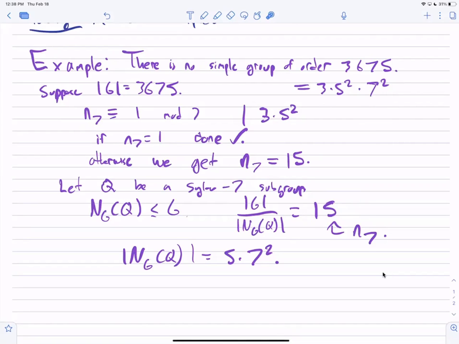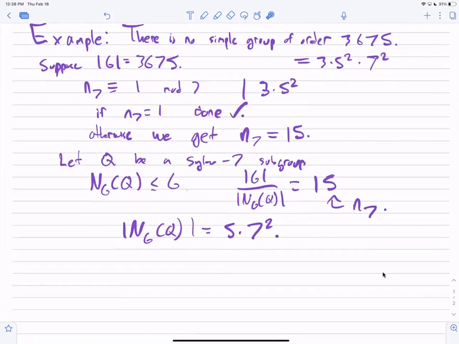So we need to cut this down again. We're going to need to bootstrap off of this normalizer to produce an even larger subgroup. But we have ways to do that. So we're going to do something clever.